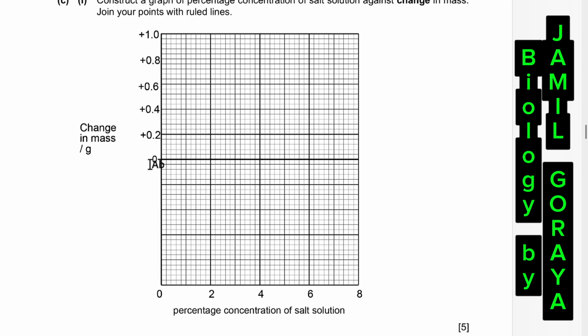Similarly, below 0, we will make a linear scale of negative values.